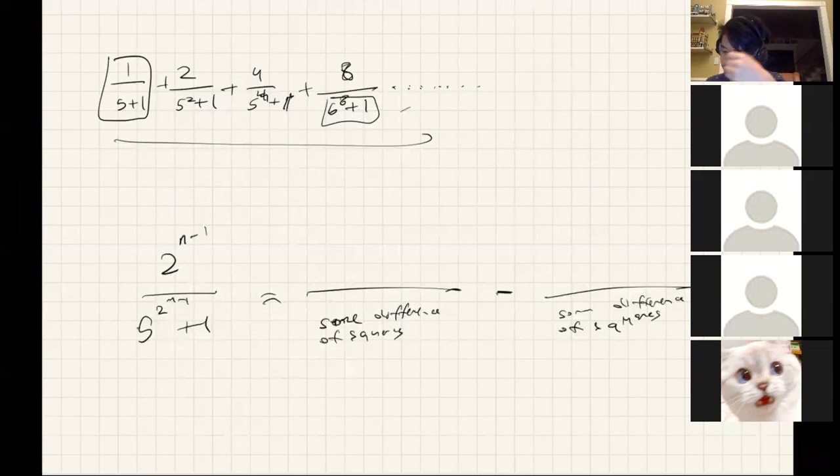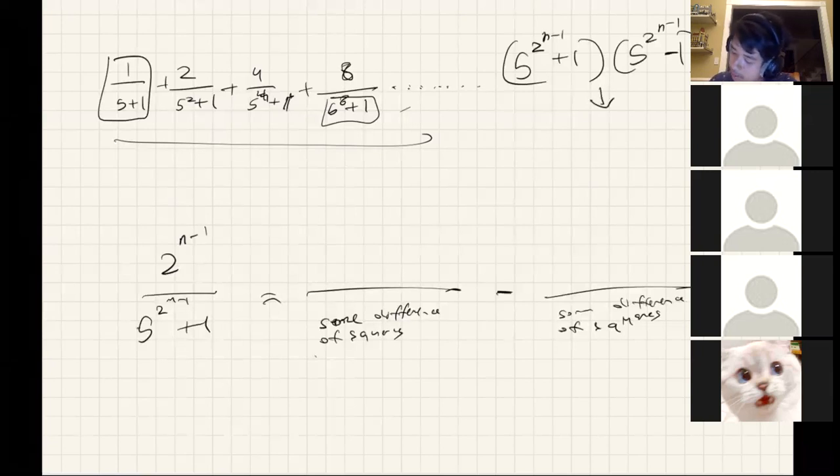So where do you go from here? The reason why I brought up difference of squares in the first place is because of the well-known factorization. So 5 to the power n minus 1 plus 1 times this, the product of these two terms is going to end up being 5 to the power of n minus 1.